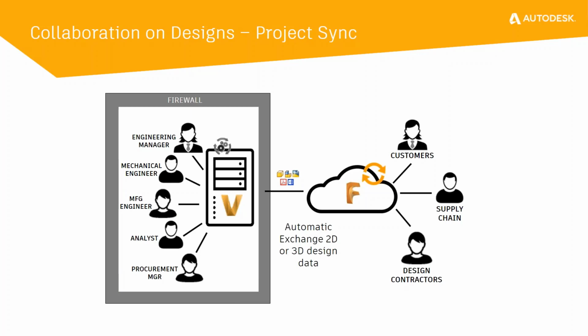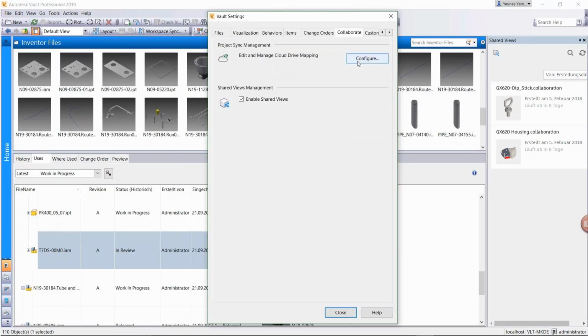But leveraging Vault Professional and Fusion Team, customers are now able to share design files with authorized external collaborators like customers, suppliers, and third parties. And once configured, data is automatically synchronized by Vault, ensuring that all stakeholders are up to date and can collaborate on the latest version. Let's have a quick look at this workflow.